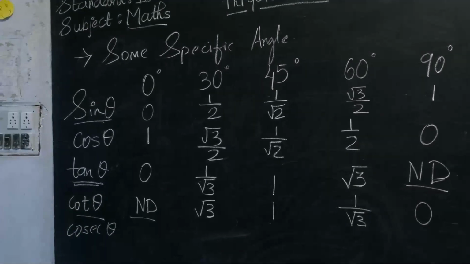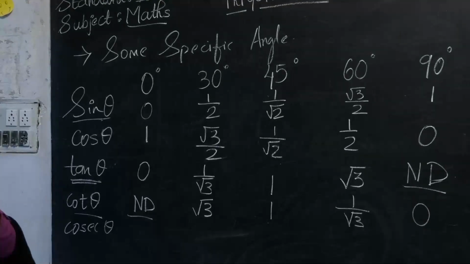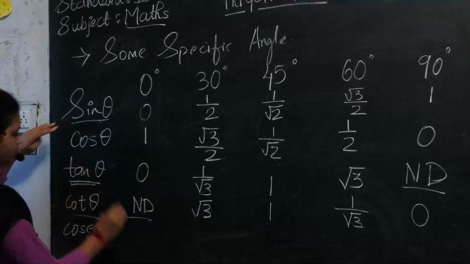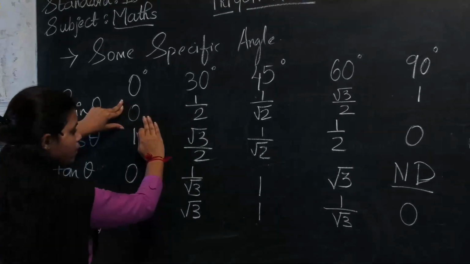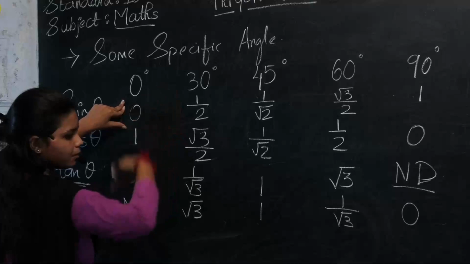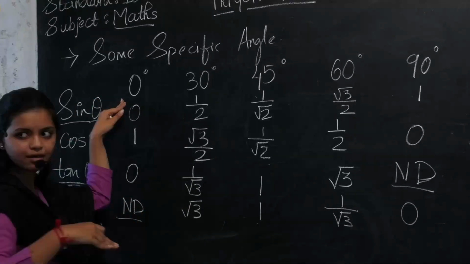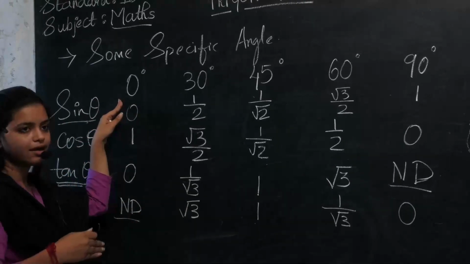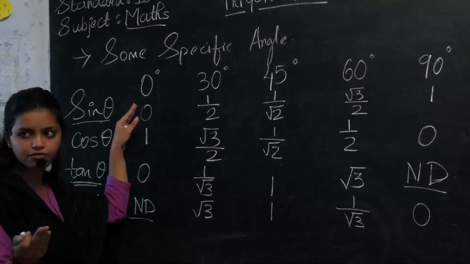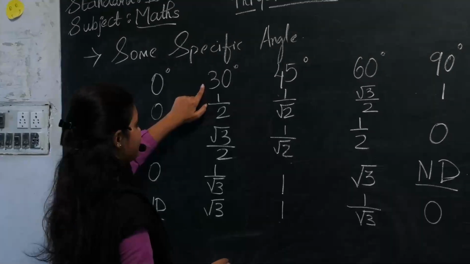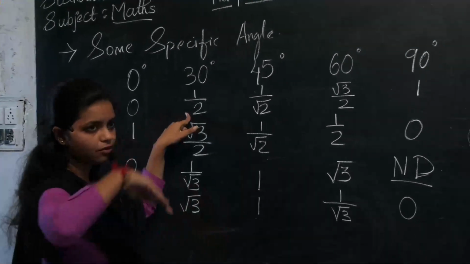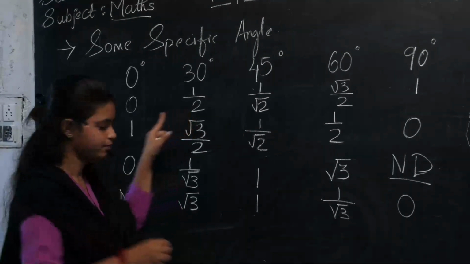How will we find cosec? Cosec is the reciprocal of sine. We'll do this: sine reciprocal. See, sine 0 is 0. Reciprocal of sine means 1 upon 0. Again we are dividing by 0, so it is not defined. We'll write here ND. Sine 30 is equal to 1 upon 2. Reciprocal of 1 upon 2 is 2.